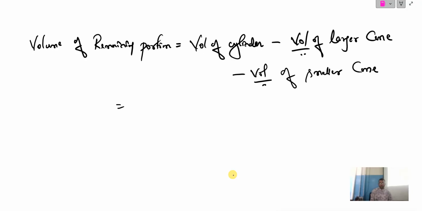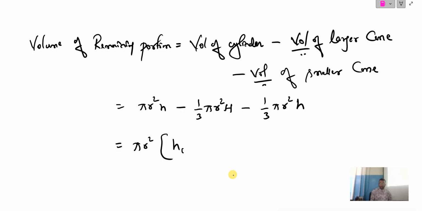Understood? Now, pi is 22 by 7. What is the radius? 3 centimeters, because the diameter is 6, and the radius is half of that. So 3 into 3 into height of cylinder 21, minus 1 by 3 into height of larger cone 14, minus 1 by 3 into height of smaller cone 7.